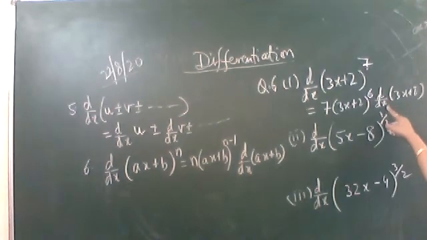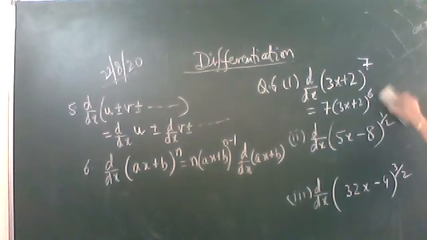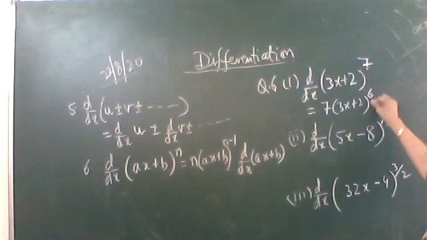You have to differentiate d by dx of 3x. D by dx of 3x, 3 will be outside, dx by dx will be 1. So what do you get? 3 plus d by dx of 2 is 0. So simplifying d by dx of 3x plus 2, what are you getting? 3.